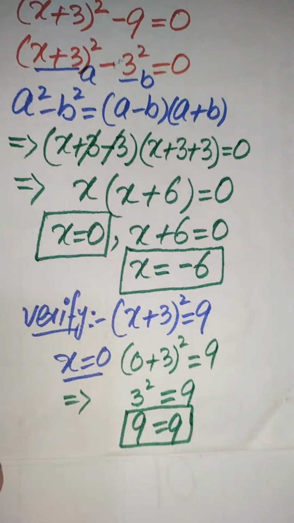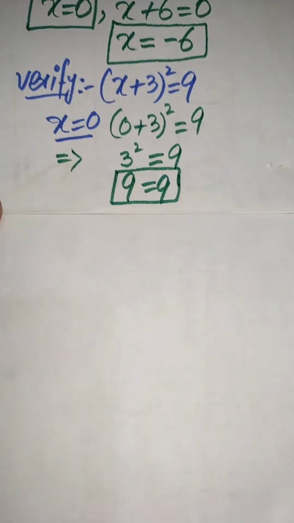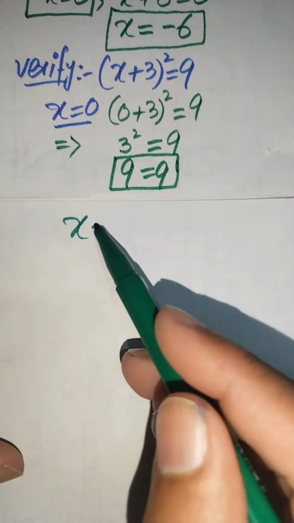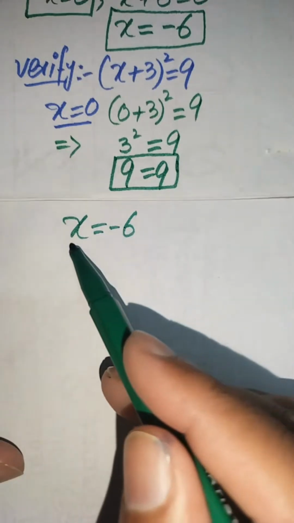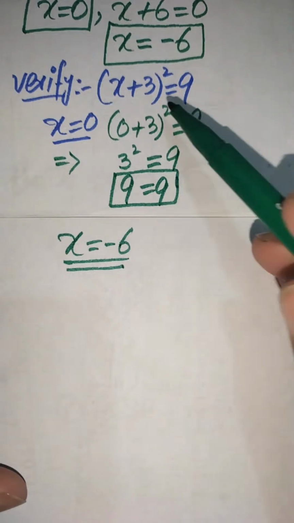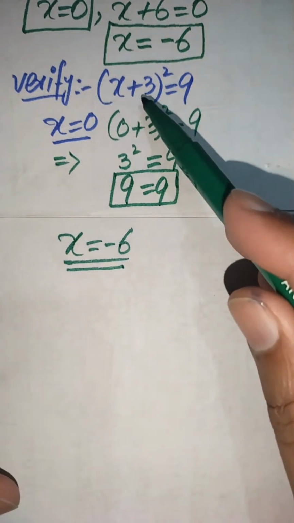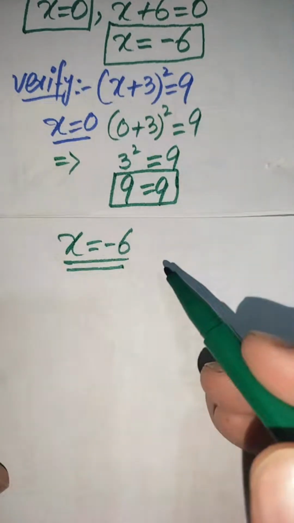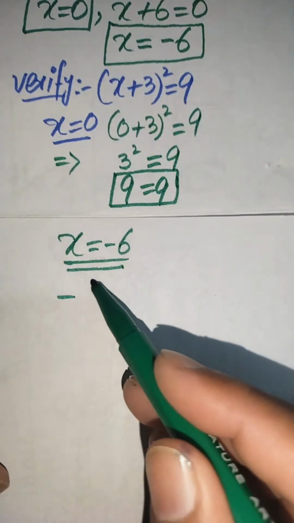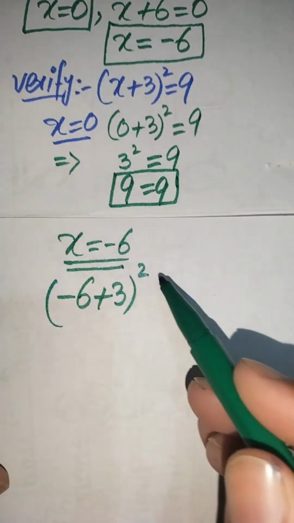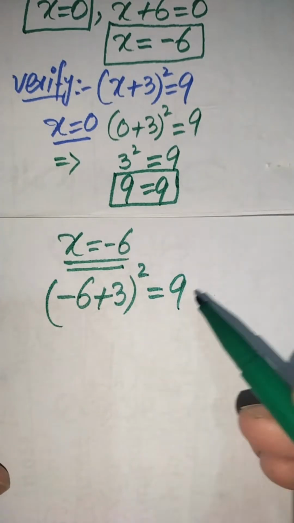And now we move towards our second value of x, and the second value of x is equal to minus 6. Now we verify this value, so we put x = -6 into the left hand side of this equation. So when we put this here, it becomes (-6 + 3)² = 9.